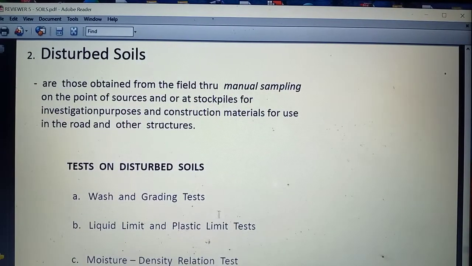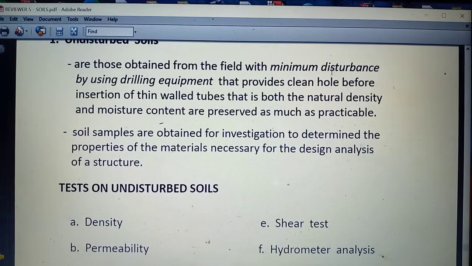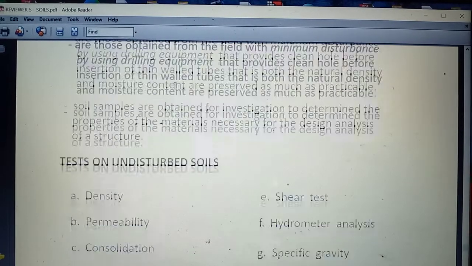Okay? So, yung test kay disturbed soil, okay? It is obtained through manual sampling on the point of sources or a stockpile for the use of road and other structures. Okay? Ito, easy drilling equipment yung ginamit mo with minimum disturbance. So, pwede rin yung pinakita ko sa inyo. You make sure lang na hindi masyadong na-alter yung shape ng lupa.